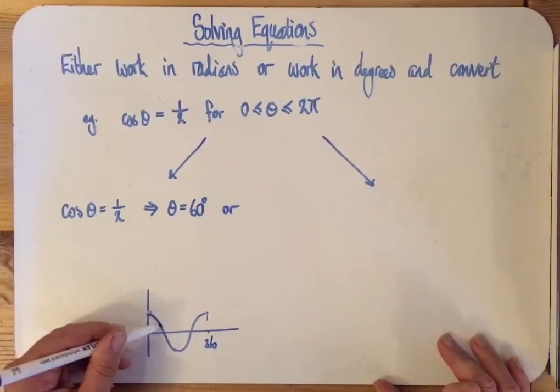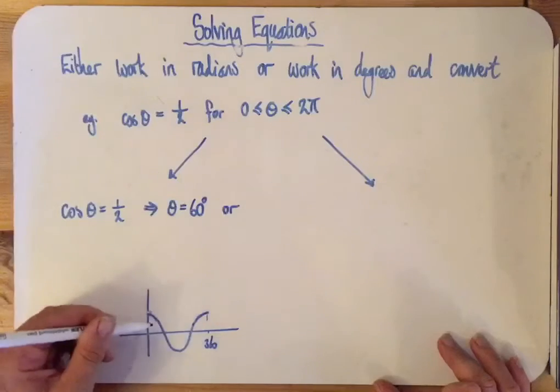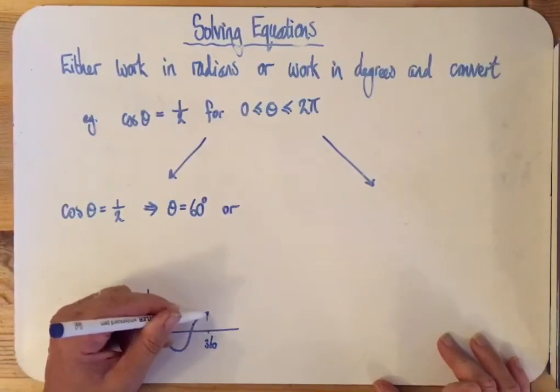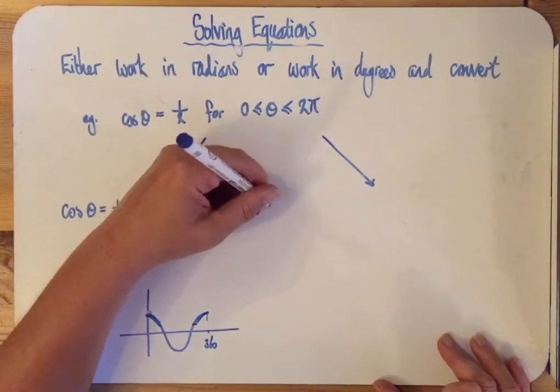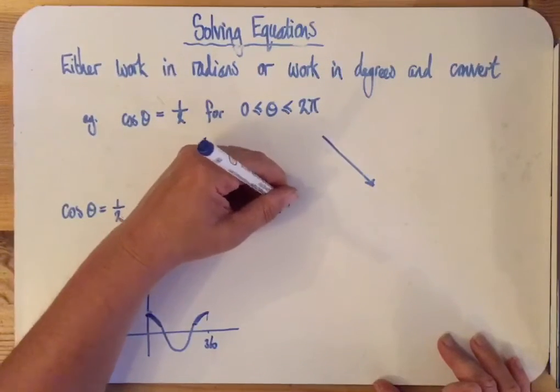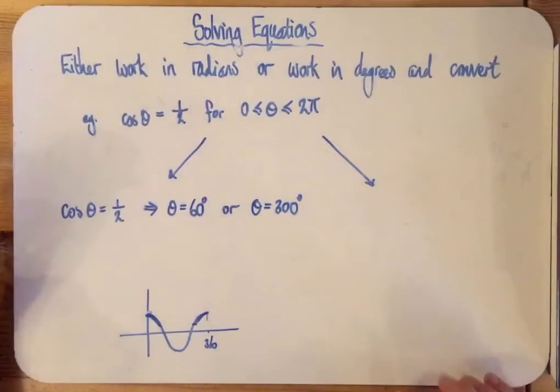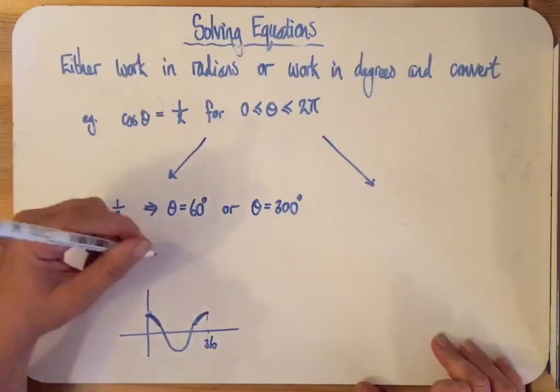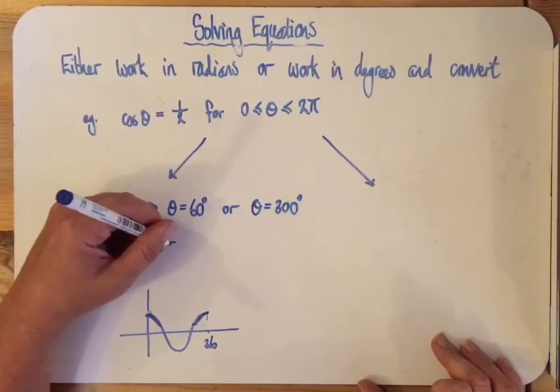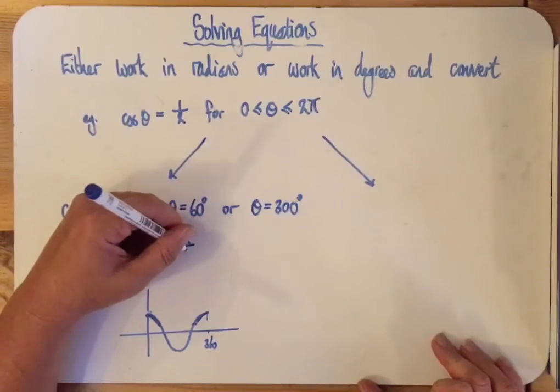So you go forward 60, back 60 from the end. So theta is 60 or theta is 300. And then if you times by pi and divide by 180, you can convert those to radians.